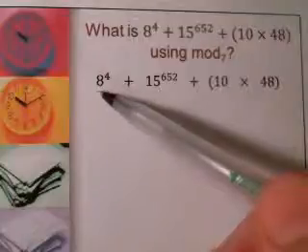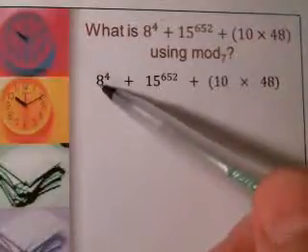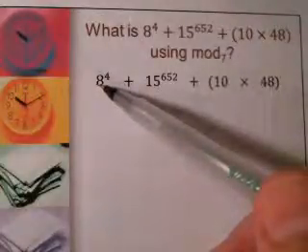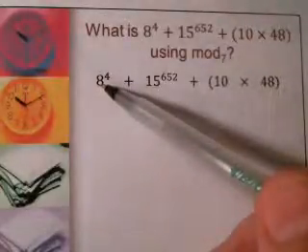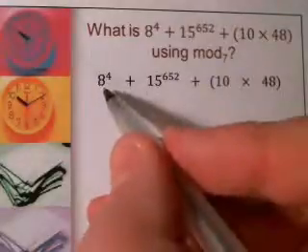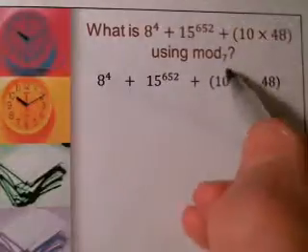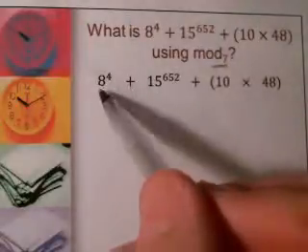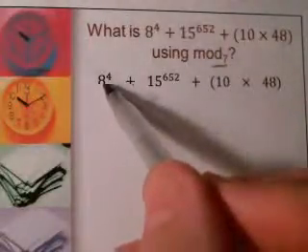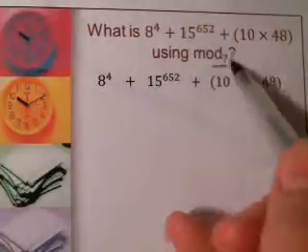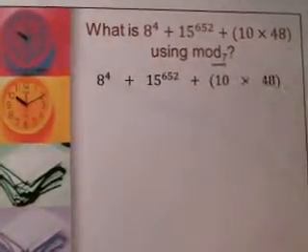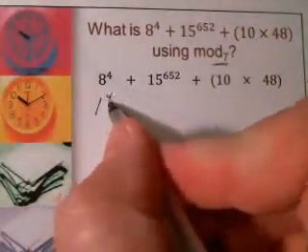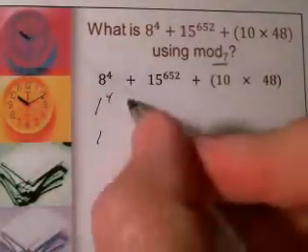But if we remember, again, that we can do modulo to whatever number is raised to a power, well, we're doing mod 7 this time. So we're using a 7-hour clock. 8 to the 4th power, if you're doing 8 and doing mod 7 to it, the remainder is going to be 1. 7 times 1, 1 time around the clock, plus 1. So this becomes 1 to the 4th, which of course is 1.